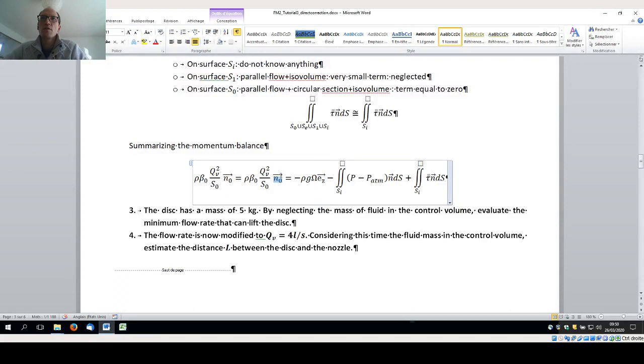It's minus, okay, it's equal to this. So this is what we have simplified.